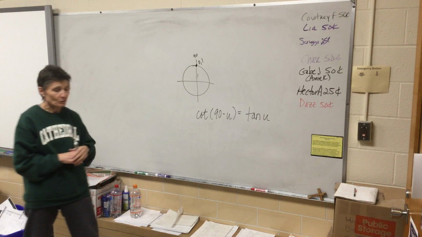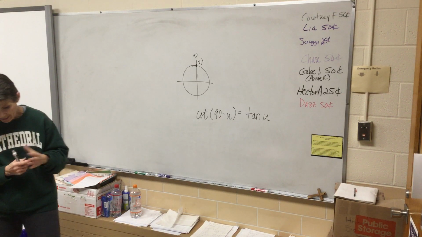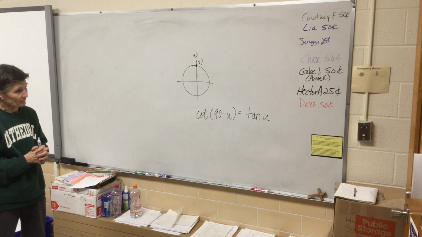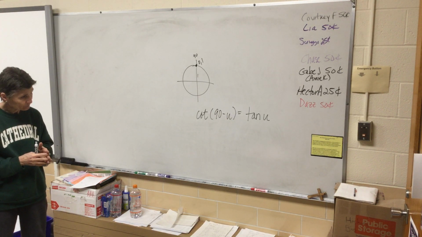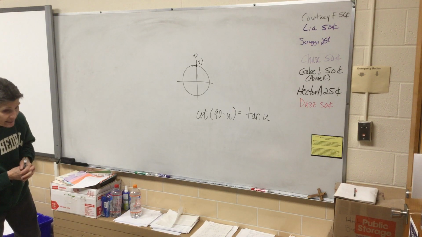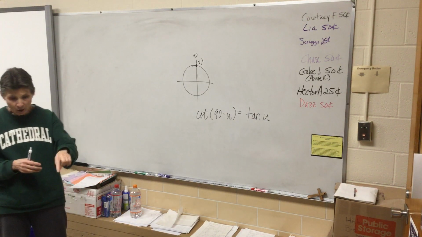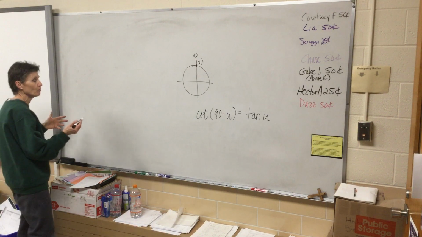What am I going to do with the cotangent of 90 minus theta, or 90 minus u? I don't have a formula for that, do I? Treat it like a tangent. In fact, since the tangent formula on the sheet is a fraction, I think I'll just turn it over.